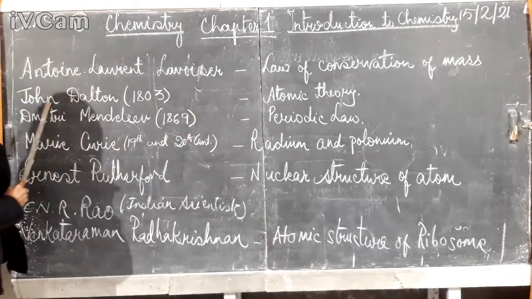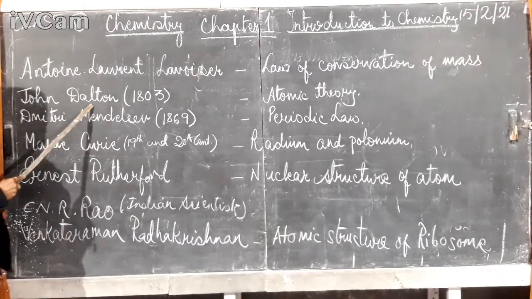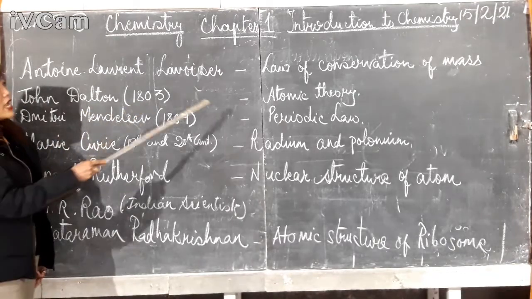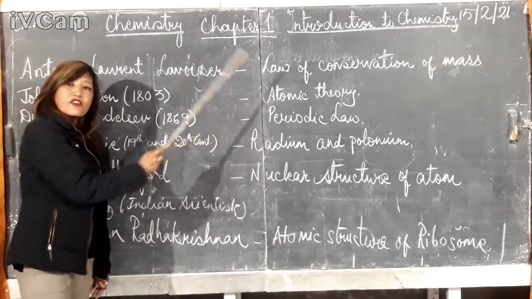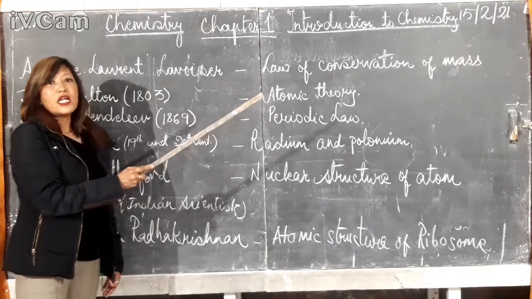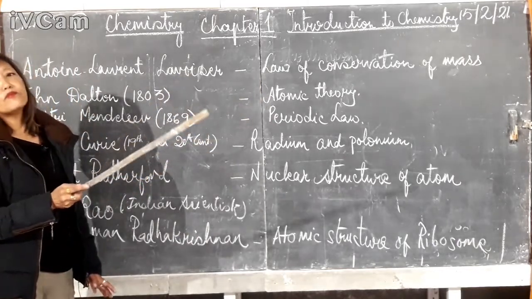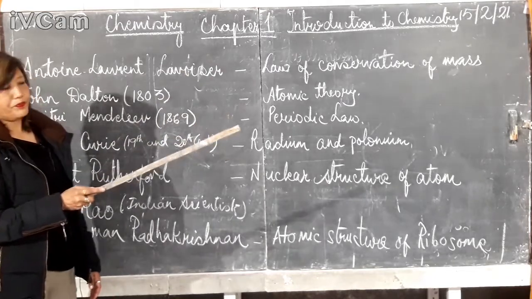Then the next scientist, John Dalton, in 1803 invented the atomic theory. According to this scientific theory, all matter is composed of small particles called atoms.